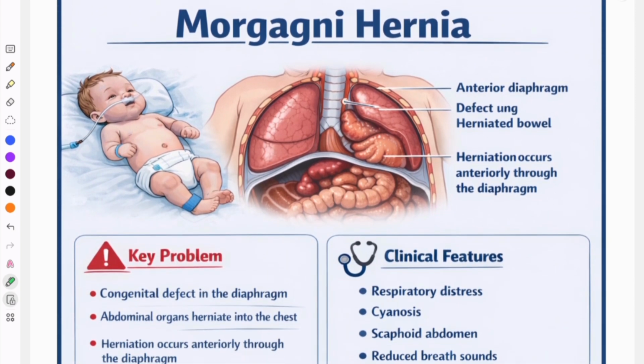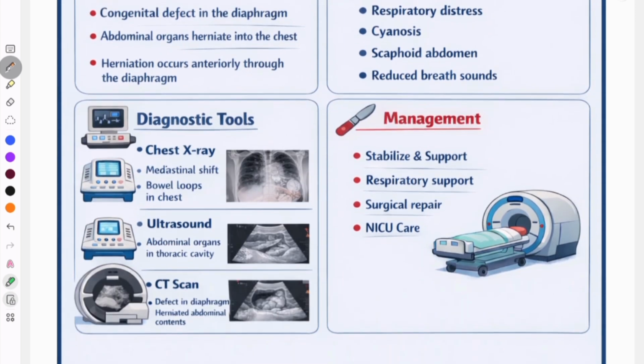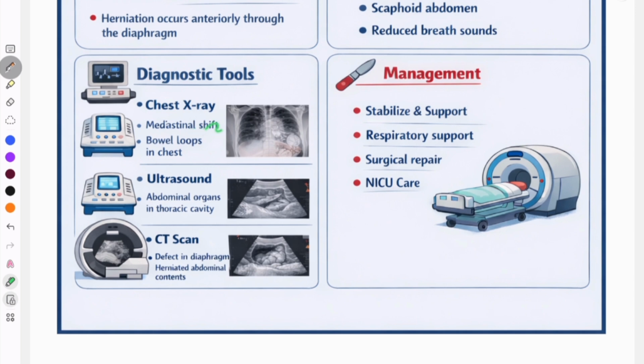Morgagni hernia is the right anteromedian and is quite less common, and it causes respiratory distress since it compresses the lungs, causing cyanosis and reduced breath sounds as well. You can see on chest X-ray the mediastinal shift and the bowel loops in the chest, and abdominal organs in the thoracic cavity.